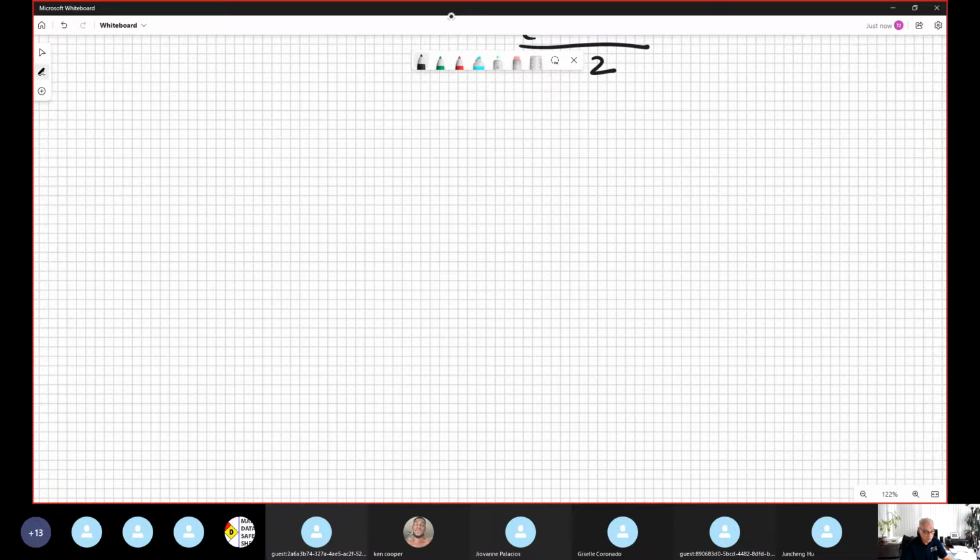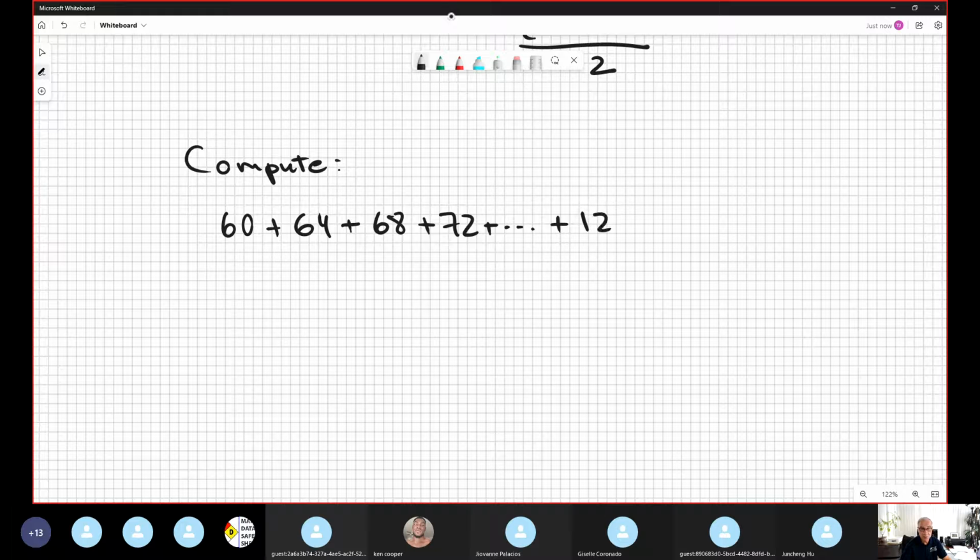This is a typical example of the test. Compute that. 60 plus 64 plus 68 plus 72 plus, I don't know, but following the same sequence. And the last term is 120. Compute that.